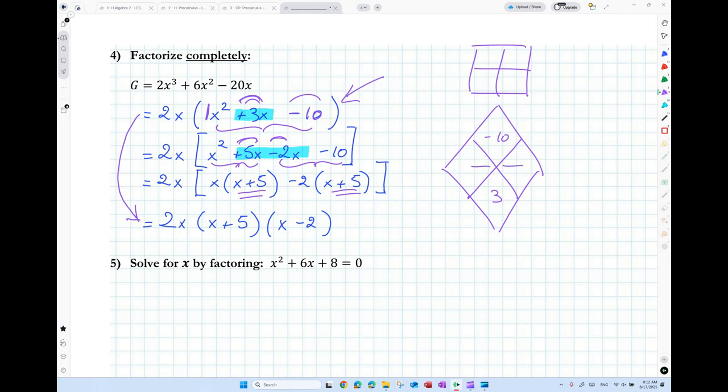And on top, you will put AX, which is 1x here. So just x. And you're still going to find those two numbers with the same conditions, and you'll have 5 and negative 2. And you will eventually simplify any of those fractions. And as you can see, the sum of both numerator and denominator will give you the two factors.